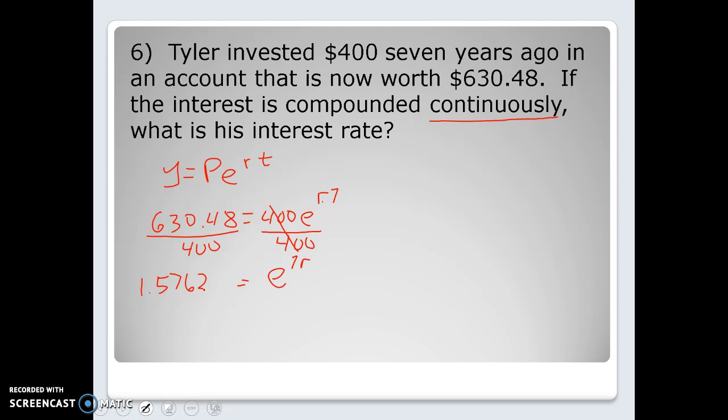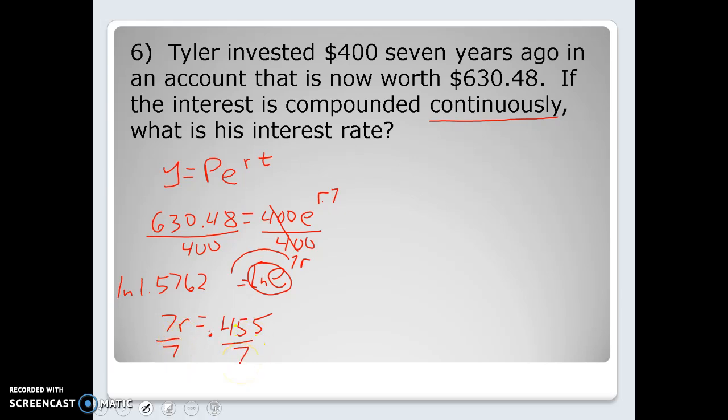All right, so then we're going to take the natural log of both sides. So the natural log of e is 1, and if I move the 7r out in front, I'm going to have 7r equals the natural log of 1.5762, which is 0.455. And then I want to get the r by itself, so I'm going to divide both sides by 7.